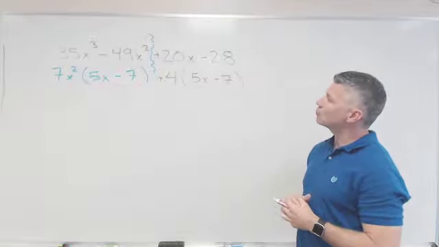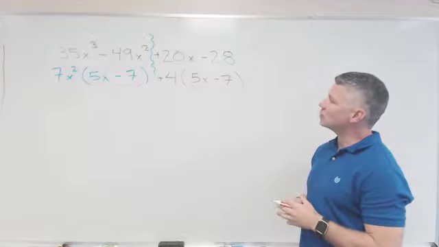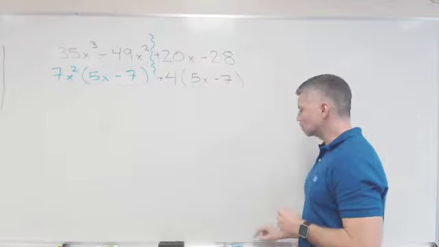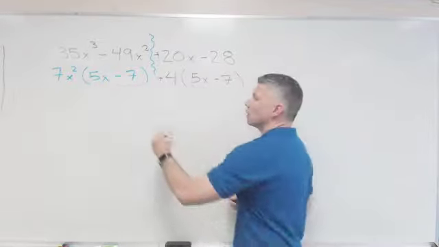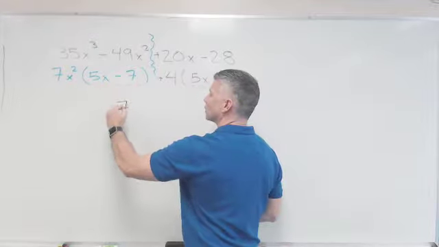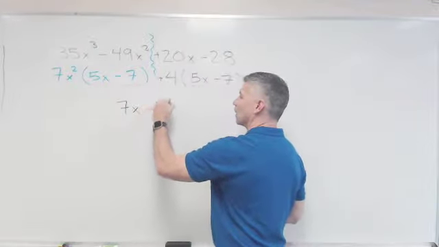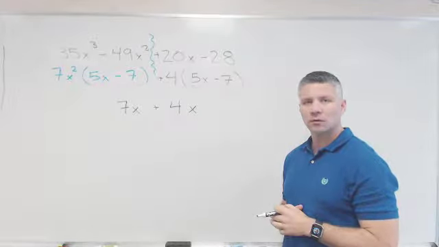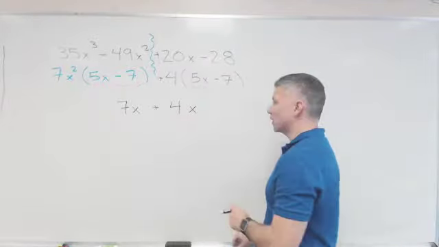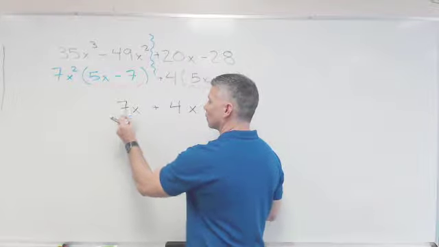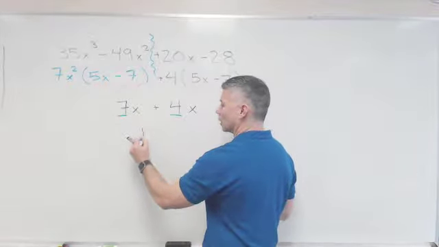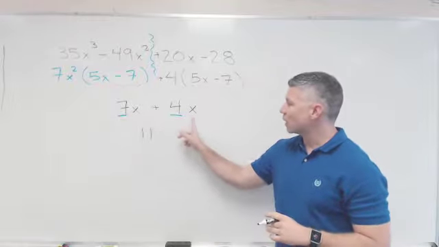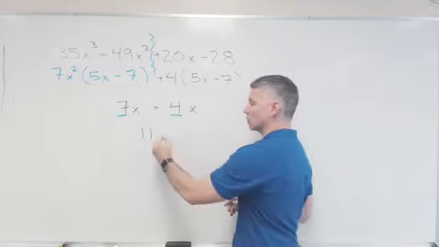All right, so that helps a little bit, but what does that really mean in terms of a final answer? Let's think about this. If I told you to take 7x and add it to 4x, how would you do that? Well, you would take the 7 and the 4 and add them to get 11, and you would just keep the x variable the same.